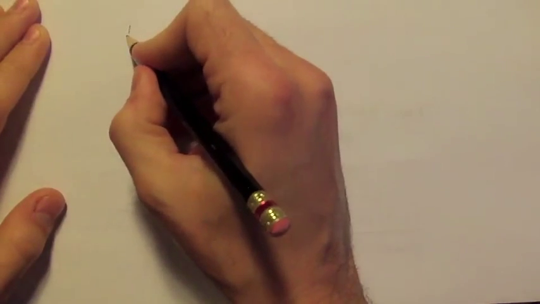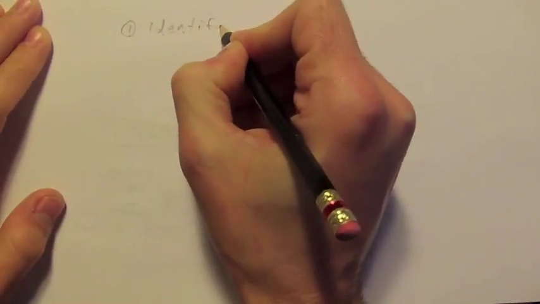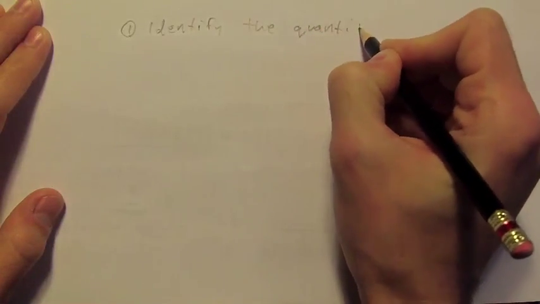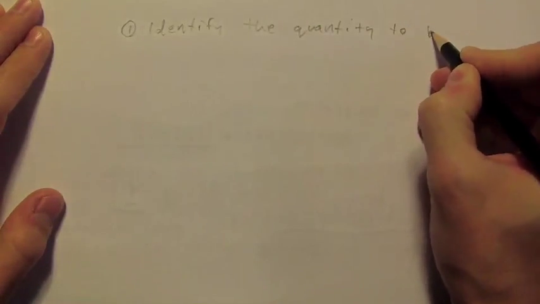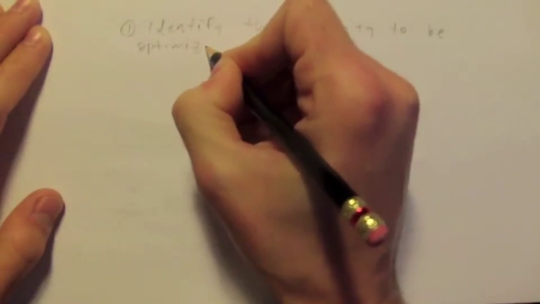Okay, so to set up these problems, it basically follows the same process each time. Basically, one, you identify the quantity to be optimized. Are we maximizing the area?